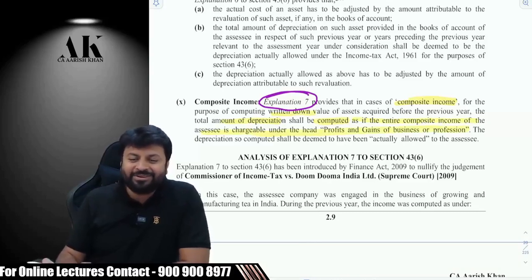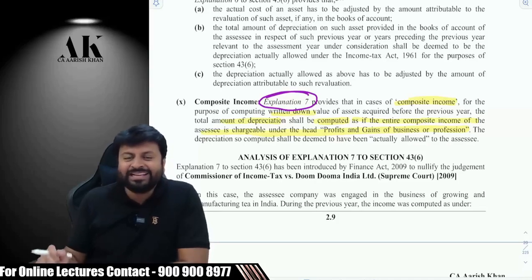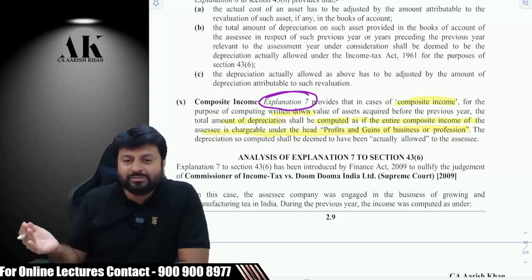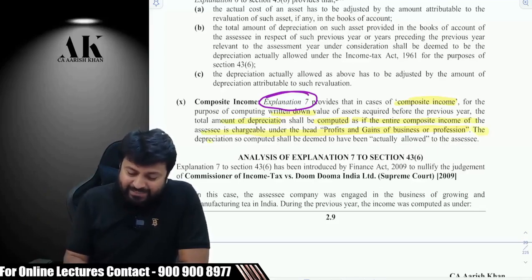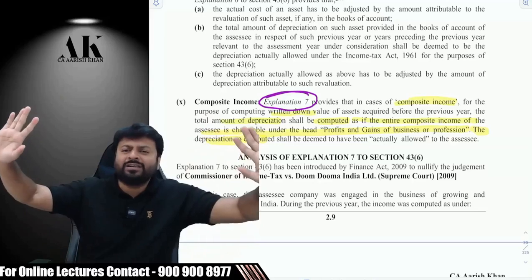We have to compute total income. We have to compute depreciation how? By assuming that the entire income is what? Taxable income. If we assume that entire income is taxable income, then we also have to assume that entire depreciation is actually allowed. And the depreciation so computed, we have to assume that entire 3000 lakh is what?